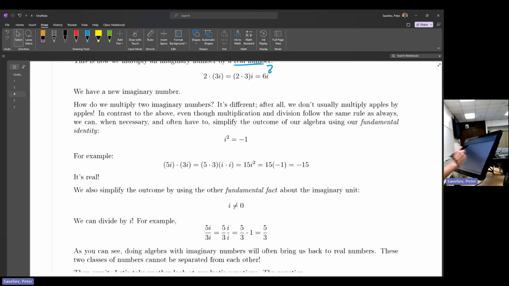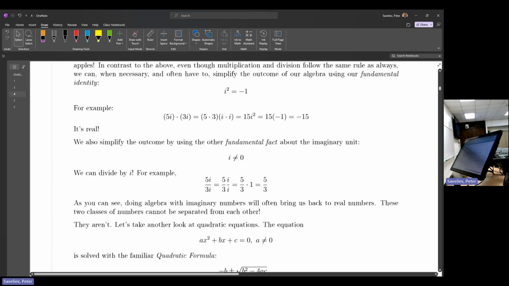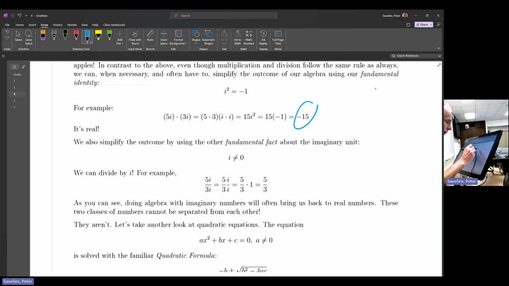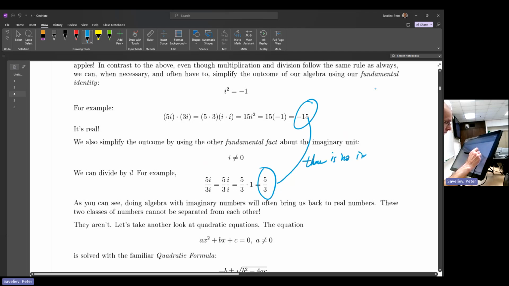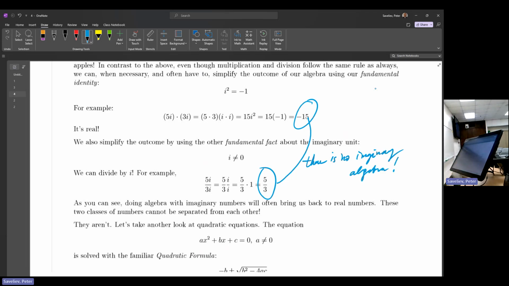Okay, so divide i by i, you end up with 1, and so you end up with 5/3. But just as 5i times 3i produces a real number, that's the indication that we are in a bad place. There is no imaginary algebra.